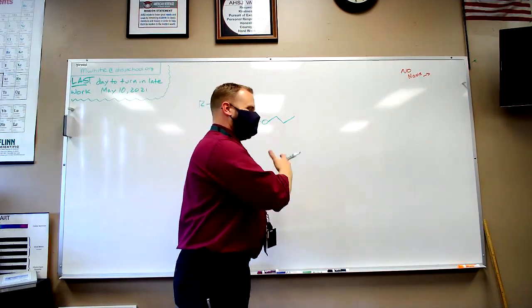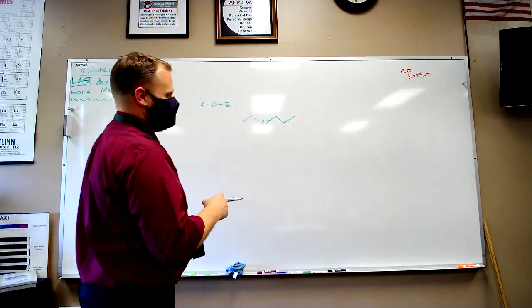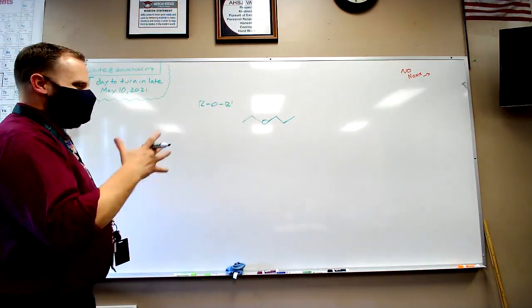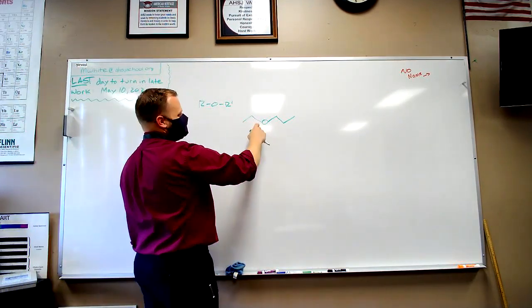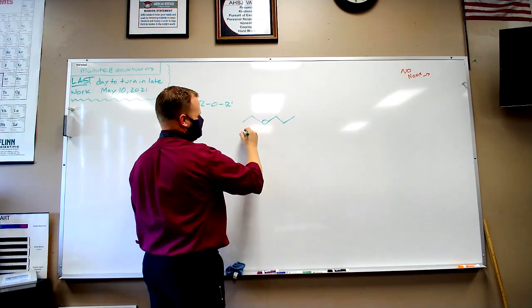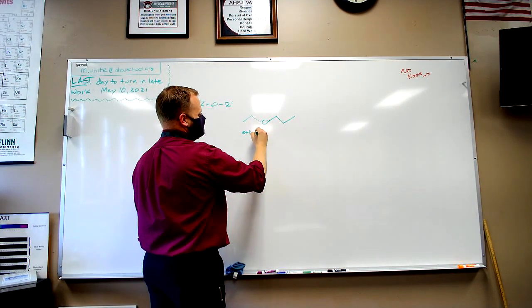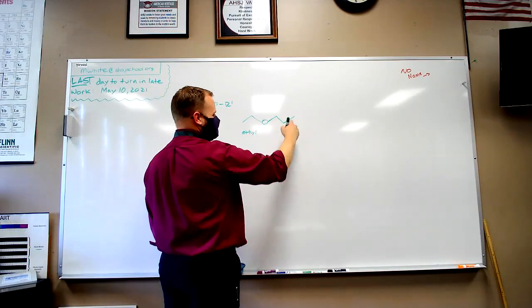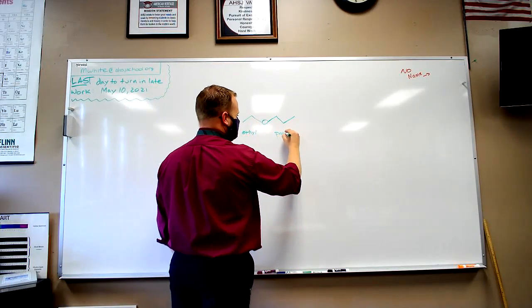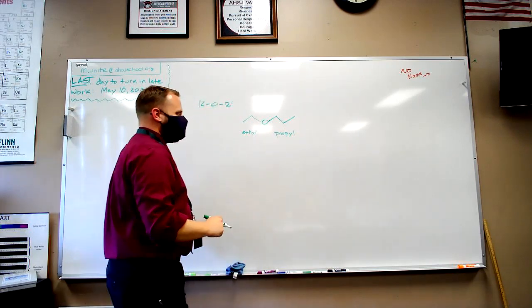Now these are actually really easy to name, because all we have to do is count our carbons. So we have 1, 2 here. So ethyl, because that's our prefix for 2. 1, 2, 3. Propyl.